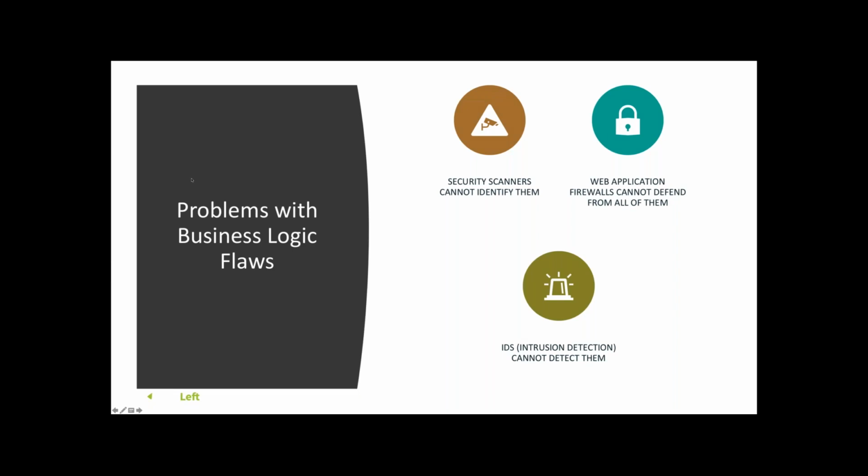Business logic flaws often escape security scanners, web application firewalls, and intrusion detection systems, because all of us as stewards of our organizations have procured these products over a period of time to improve the security posture of the entire organization. So let's start with security scanners, as they are squarely focused on pattern-based vulnerability discovery, mostly influenced by untrusted input.